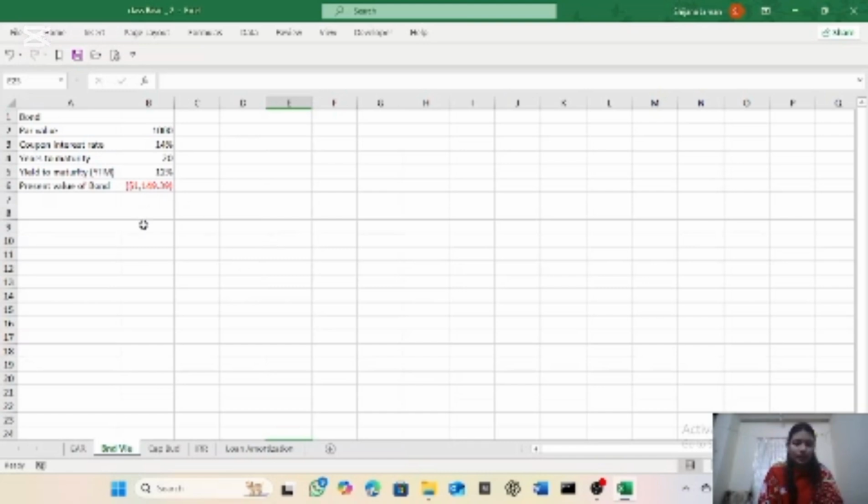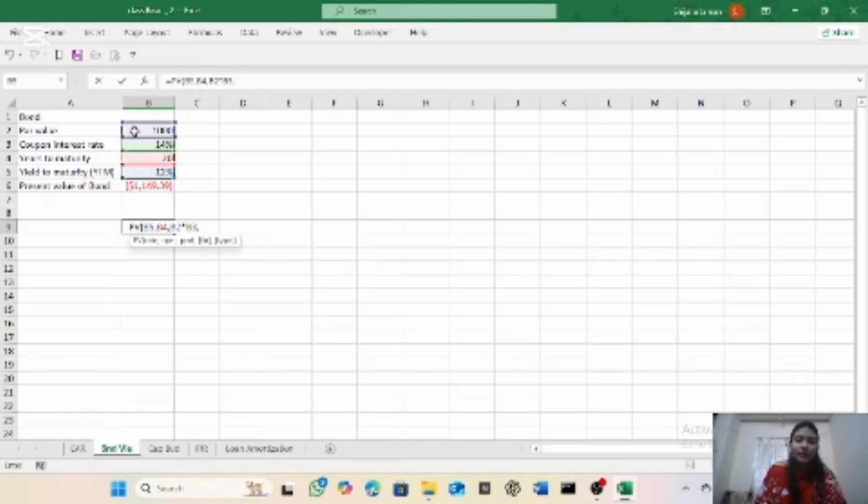So the formula would be equal present value, rate would be yield to maturity, comma NPER means years to maturity, comma payment, for making payment, par value multiplied with coupon interest rate, comma future value.